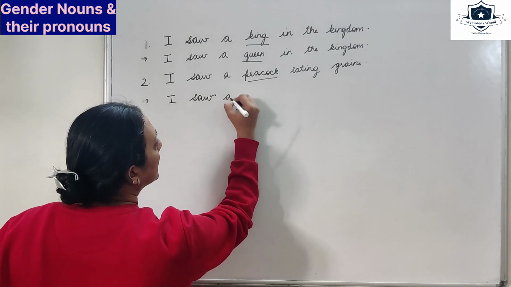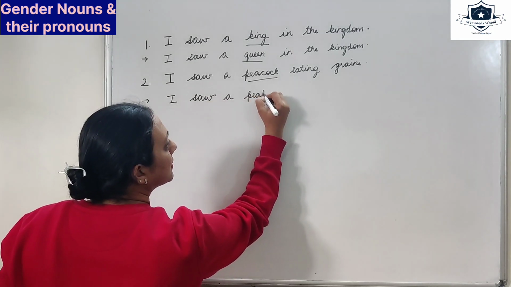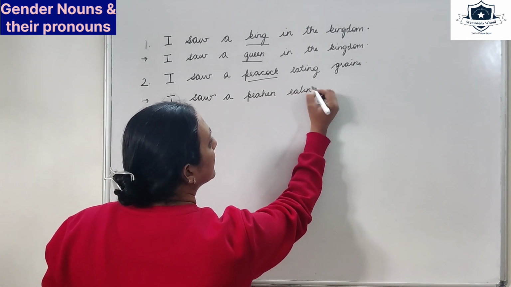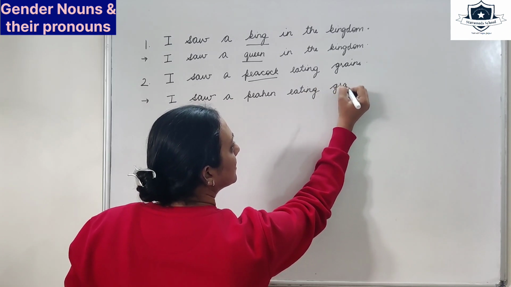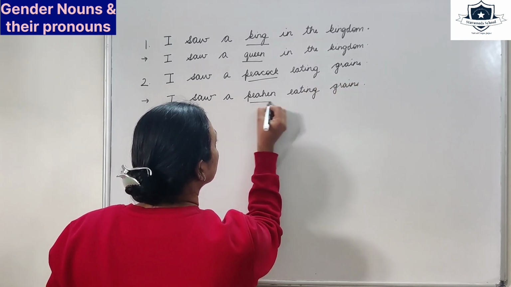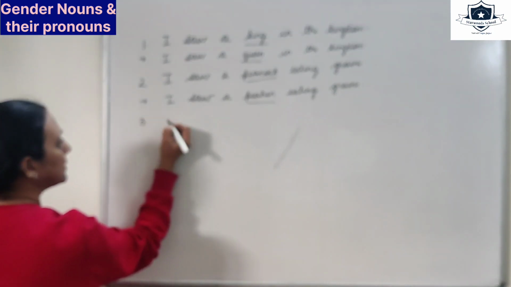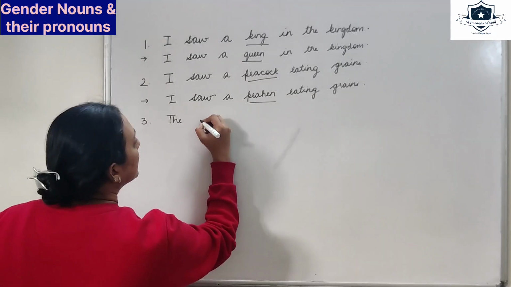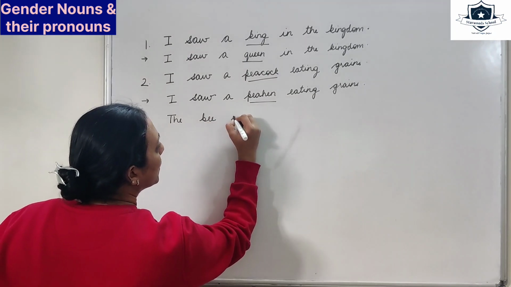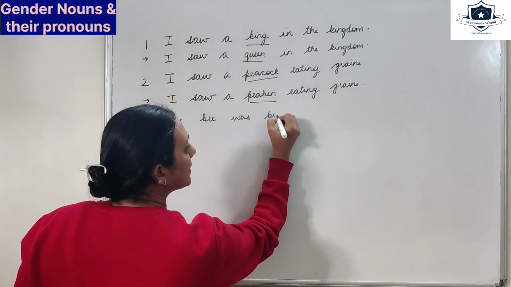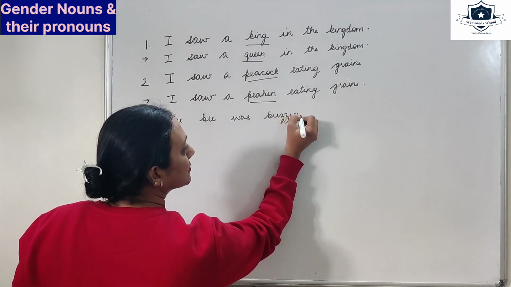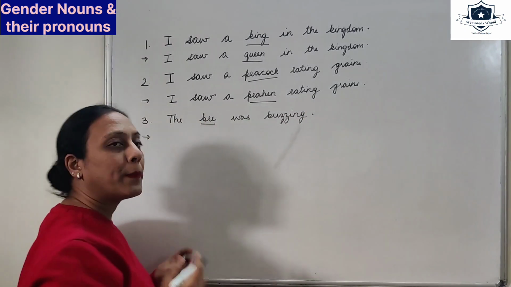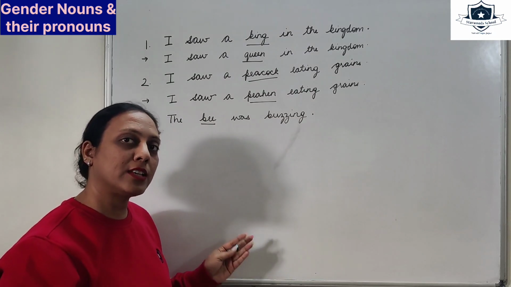I saw a peahen eating grains. Next sentence, the third one. The bee was buzzing. So bee, that is the honey bee, that is your feminine noun.